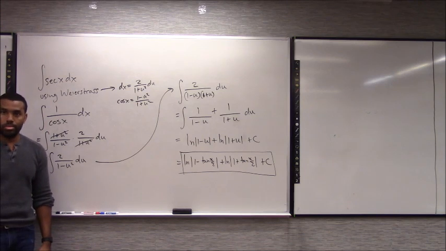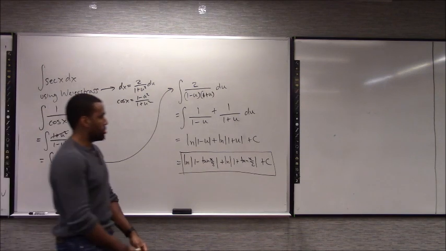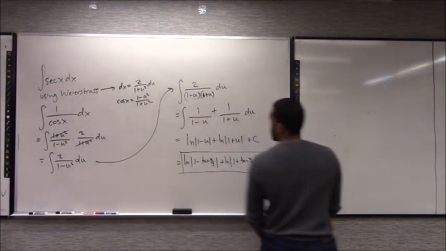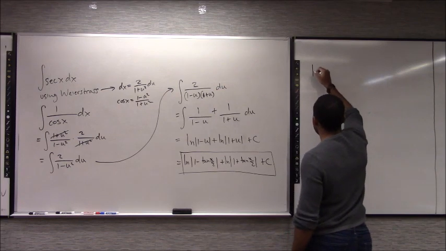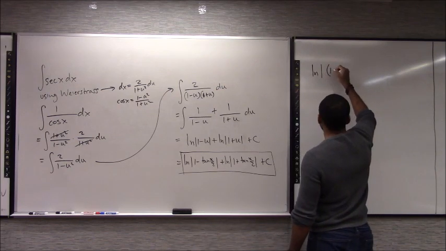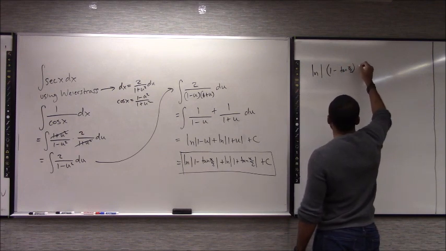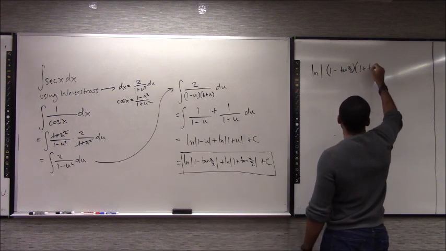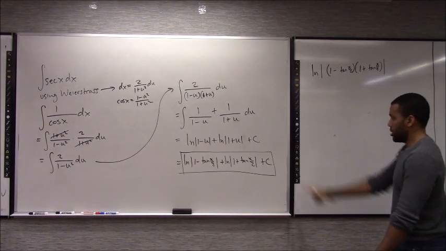What happens if you use the rule where that's equal to the ln of both those quantities multiplied to each other? Okay, so if you take the ln of the multiplication, right, so that's equivalent to that.